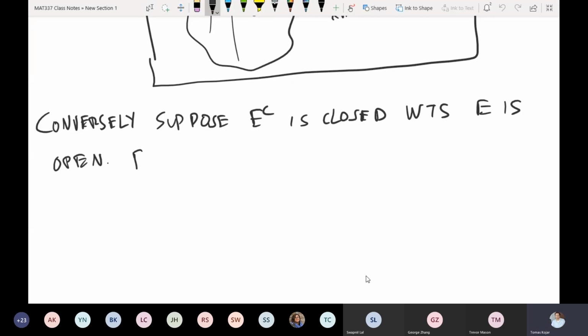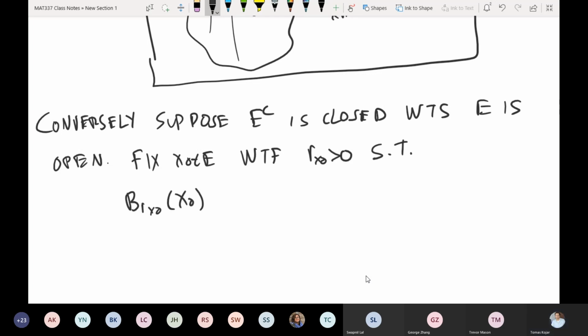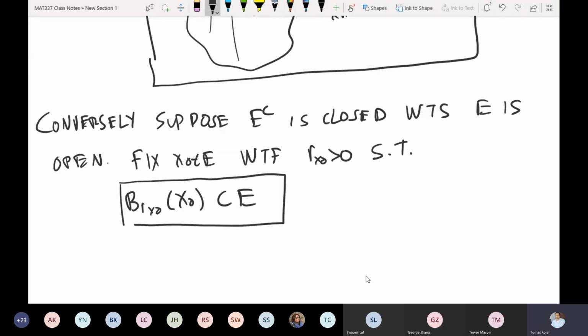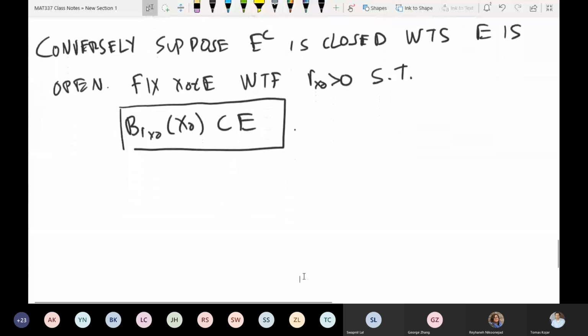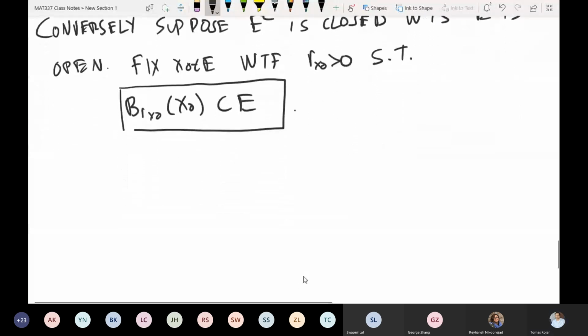What does that mean? It means fix x naught in E. Want to find Rx naught positive such that B of R at x naught is fully contained in E.